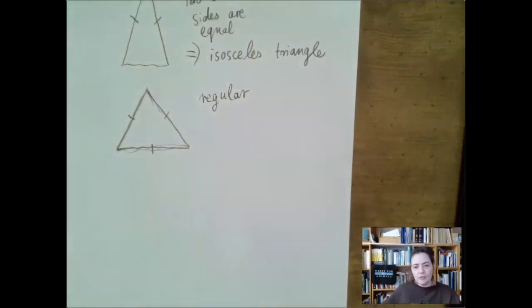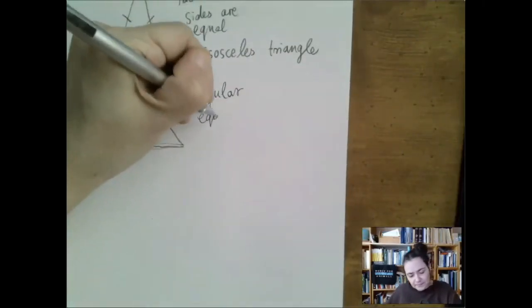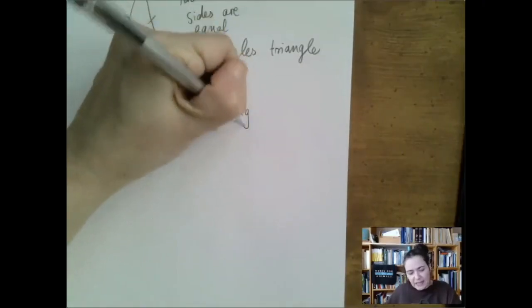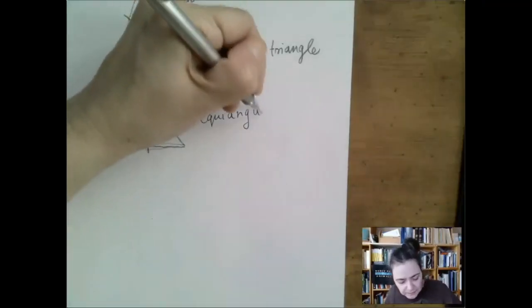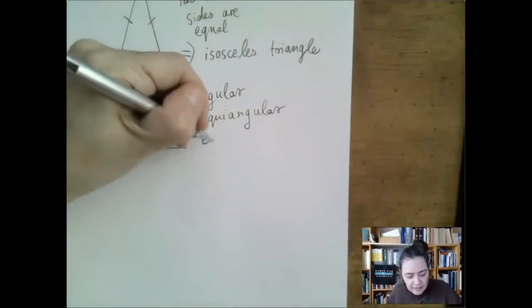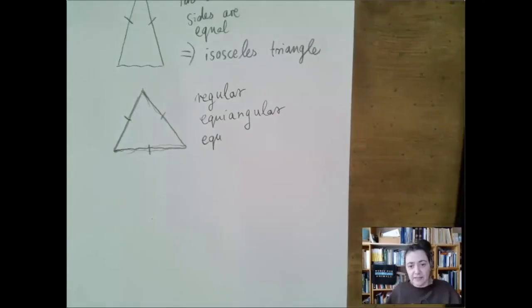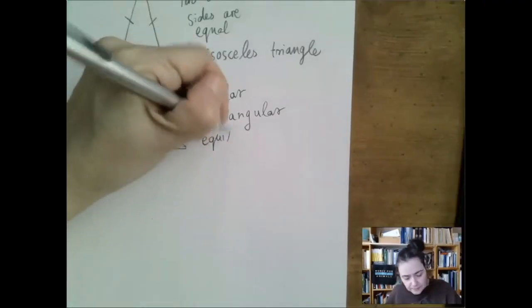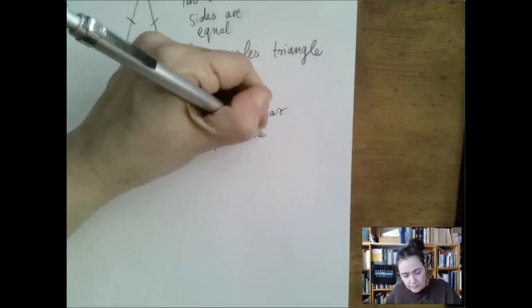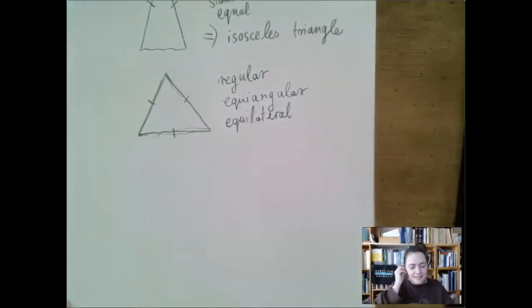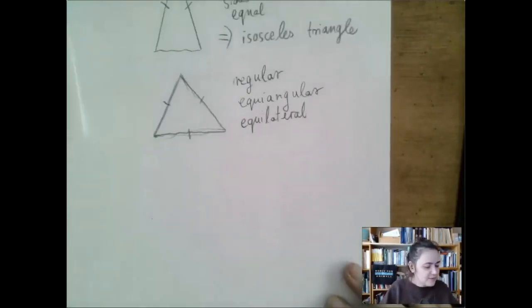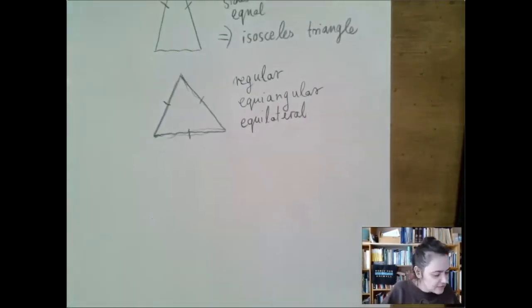But it can also be called equiangular, which states that all the 3 angles are the same. But equiangular is hard to spell, hard to pronounce. That's why I prefer regular. Or equilateral, which states, I think, literally that the 3 sides are the same. I will just use regular for laziness. It's easier on the spelling and less characters and all that stuff.